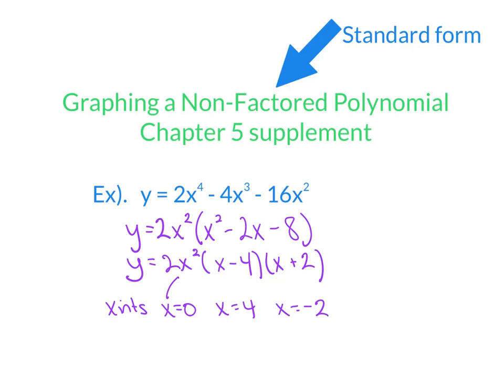In order to now sketch this graph, I need to put together some of the different things that I've mentioned. I did talk about how the y-intercept was at y equals 0. And we also talked about how the degree was 4, coming again from here. So with that information, the degree being 4, and the lead coefficient being positive, I know my end behavior is going to act the same as a quadratic, which also has an even degree.